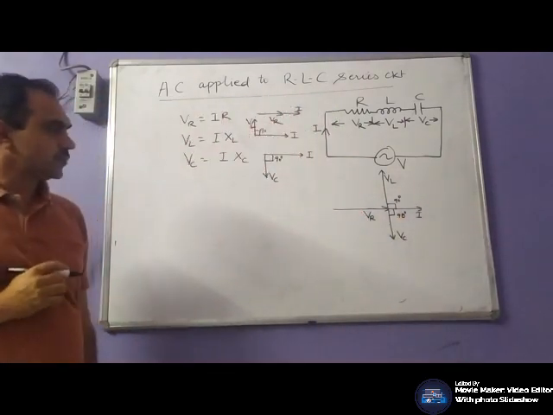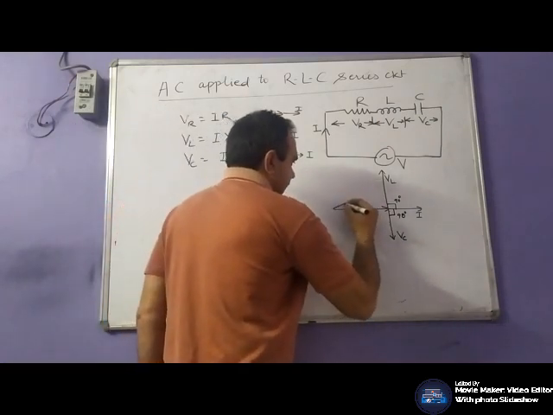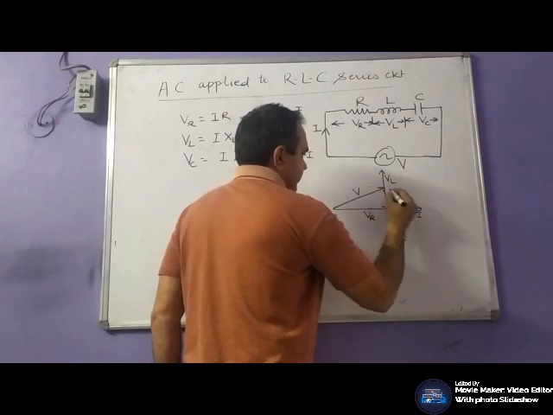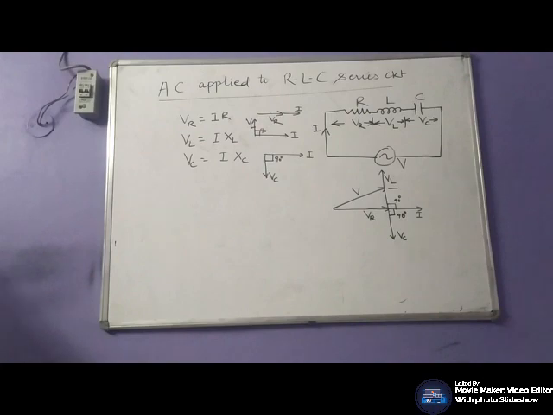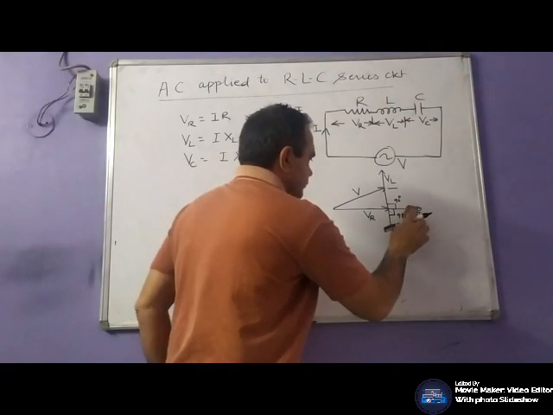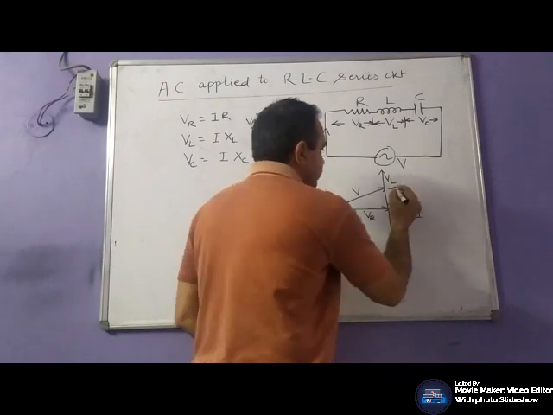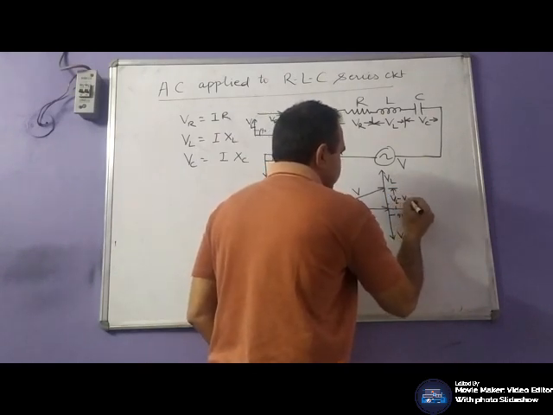Now let this be the resultant voltage V. And this is VL minus VC.